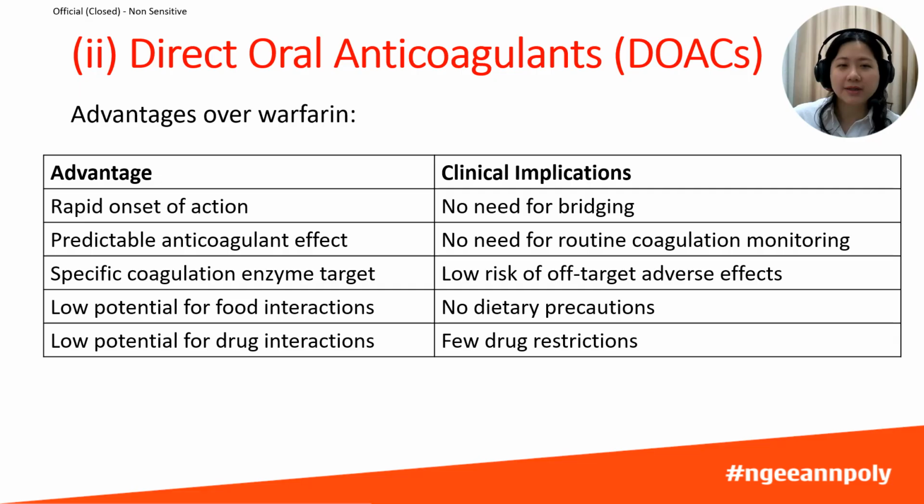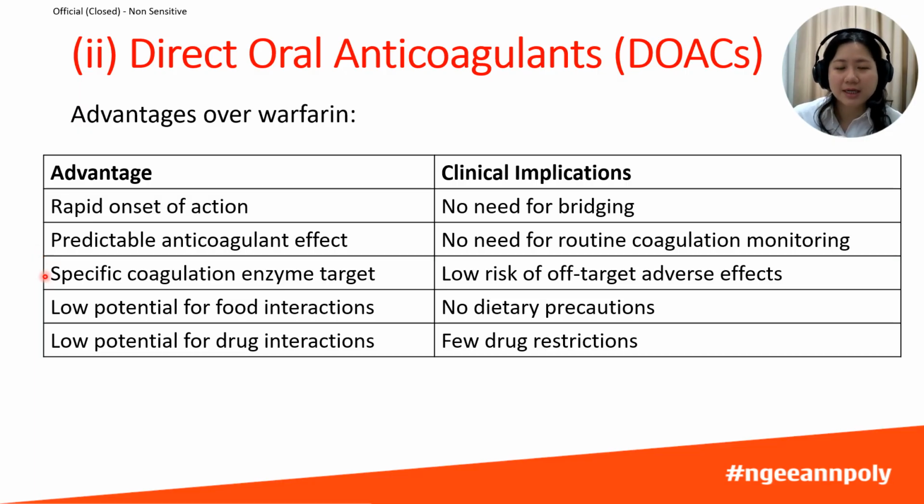Direct oral anticoagulants are more expensive than warfarin, but they offer several advantages. They have a rapid onset of action, hence there is no need for bridging therapy with heparins at the start of treatment. They have a predictable anticoagulant effect, hence there is no need for INR monitoring.